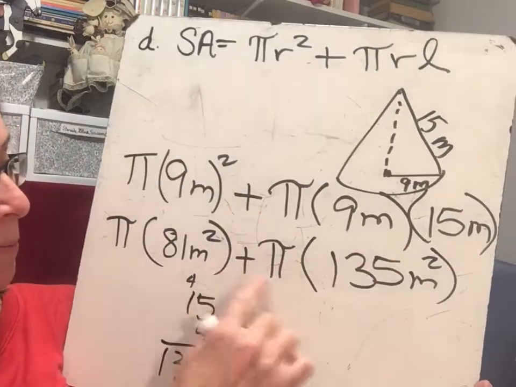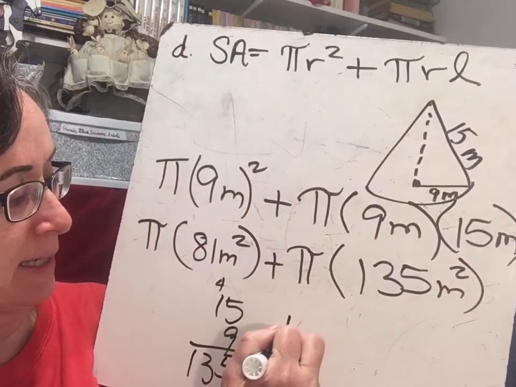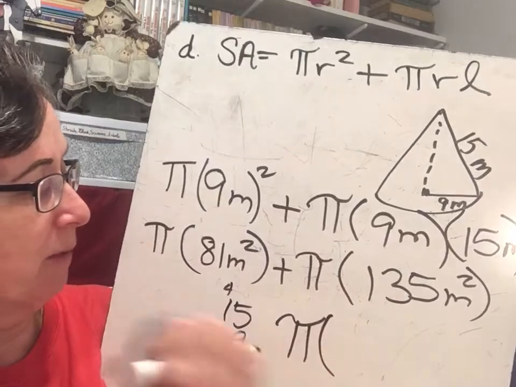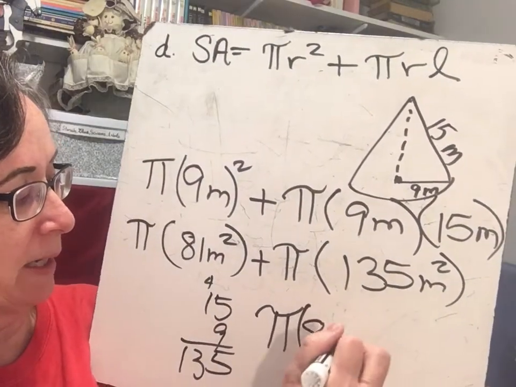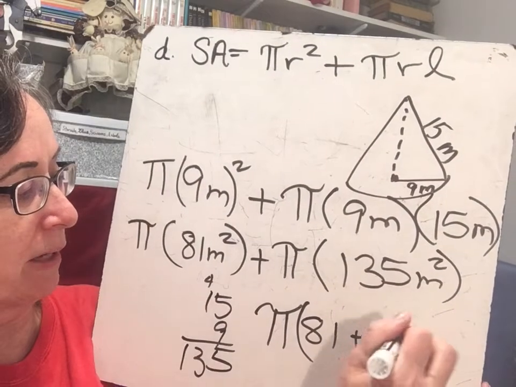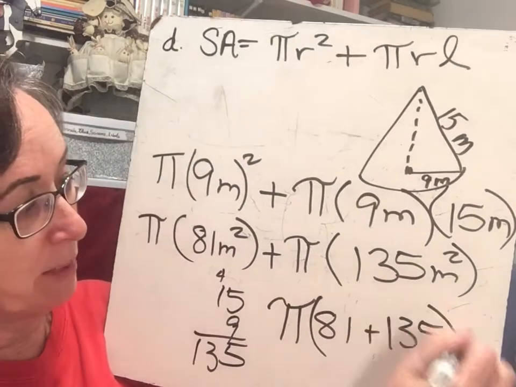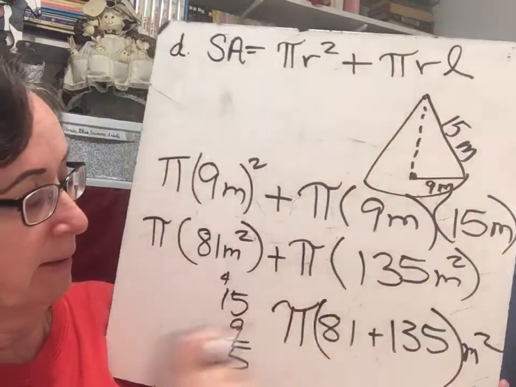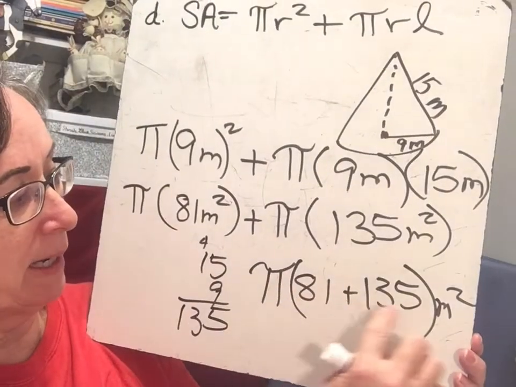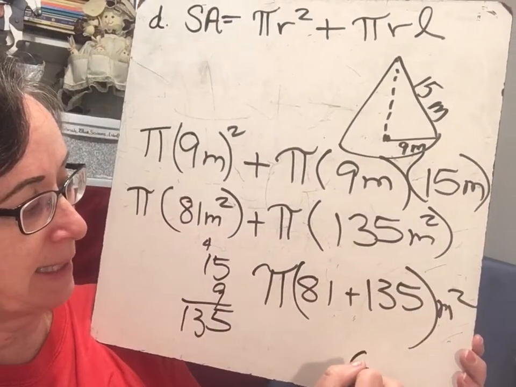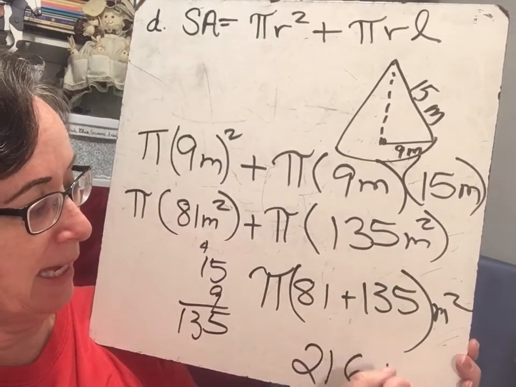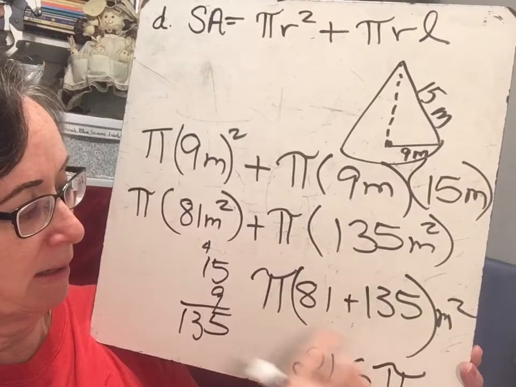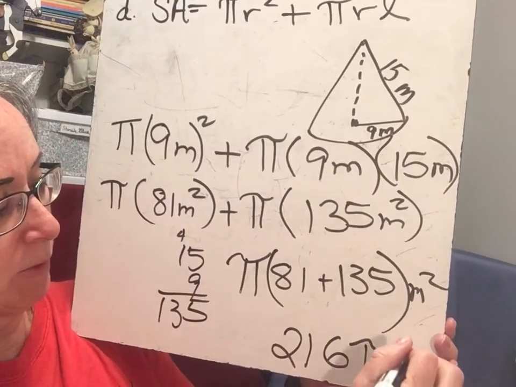And then we can pull the pi out to the front. And then we're going to have 81 plus 135 meters squared. So 81 plus 135 is going to be 216 pi m squared, which is meters squared.